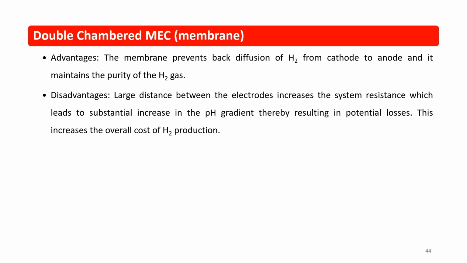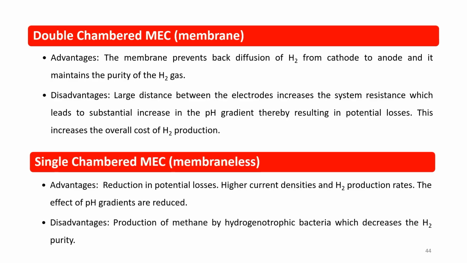However, it has certain disadvantages. Large distance between the electrodes increases the system resistance, which leads to a substantial increase in the pH gradient, thereby resulting in potential losses. This increases the overall cost of hydrogen production.